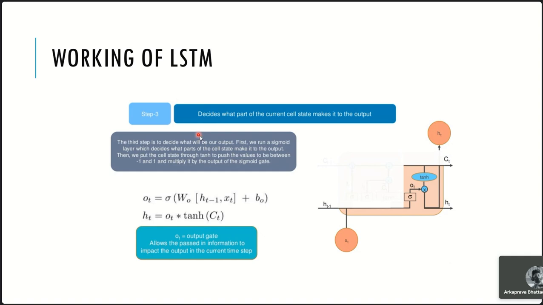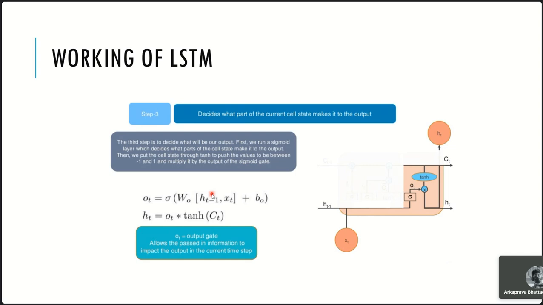Then we put the cell state through the tanh to push the values to between -1 and 1, and multiply it with the output of the sigmoid, because we need to give importance to the words also. This entire thing is called your output gate. It allows the passed-in information to impact the output in the current time step.